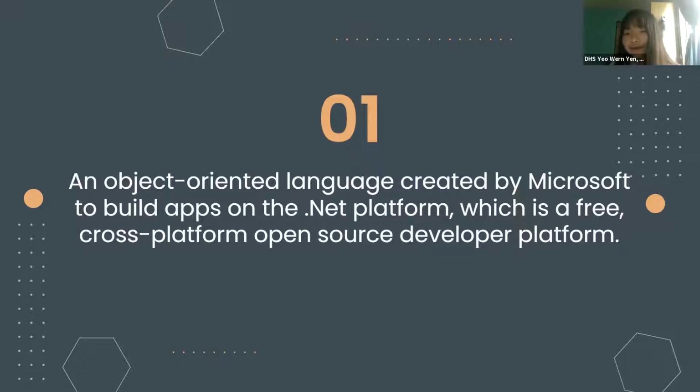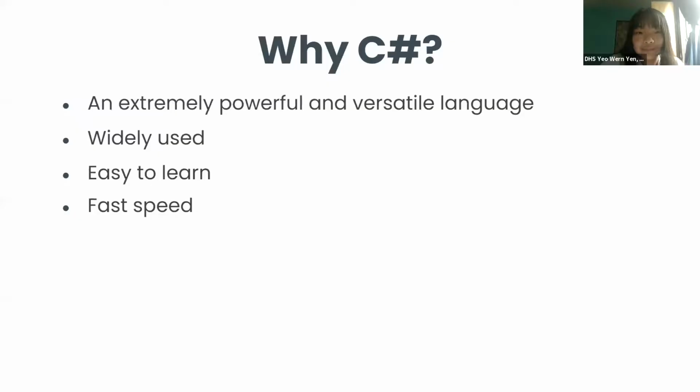An open source developer platform means that the source code for the language is open to contributions. So basically anyone can contribute to the development of the language, and there's a very large user base. So the language will be constantly improving in functionality and such.